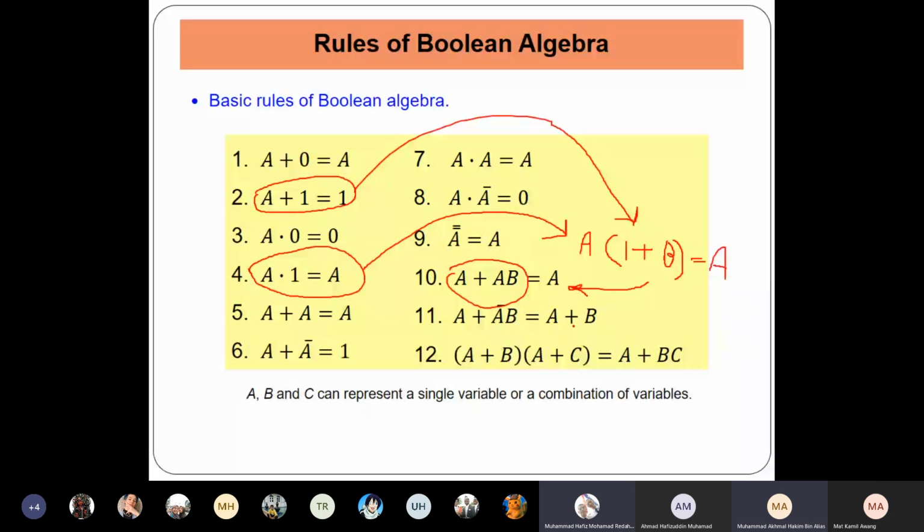Okay. You use number 7: A is equal to A plus AB, right? Then take out A, then you get A.